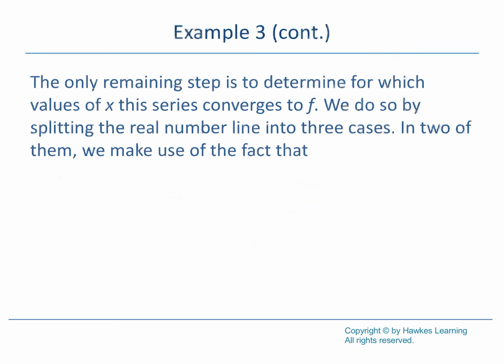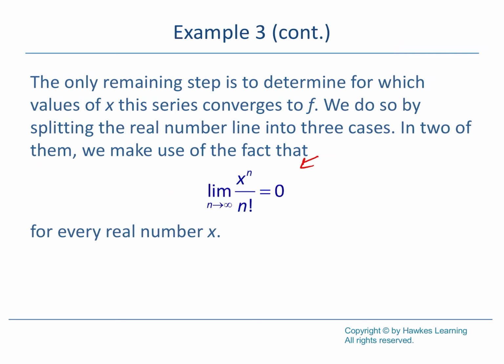So here we're going to use the fact that we have shown that this thing converges before using the ratio test, which means that the limit of all of its terms do eventually go to 0. We know that, right?